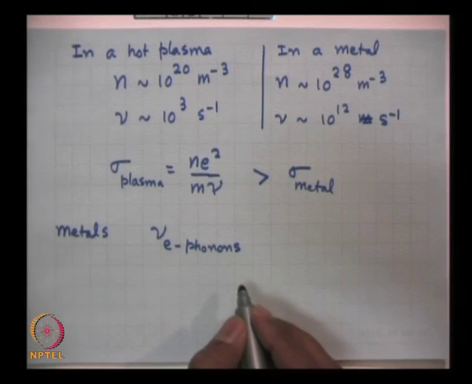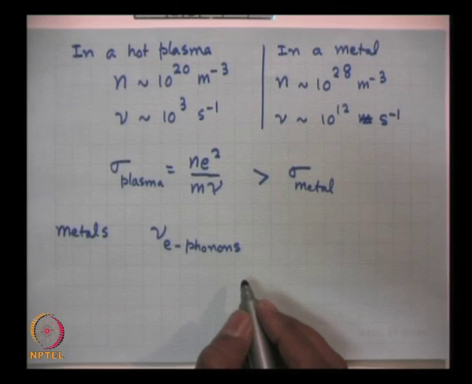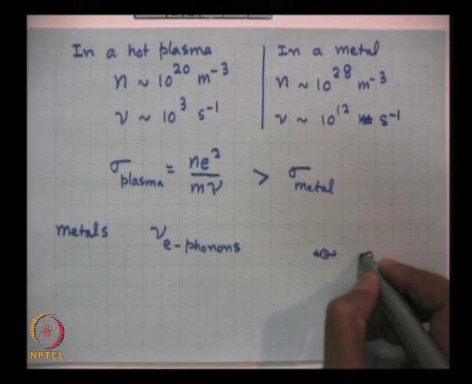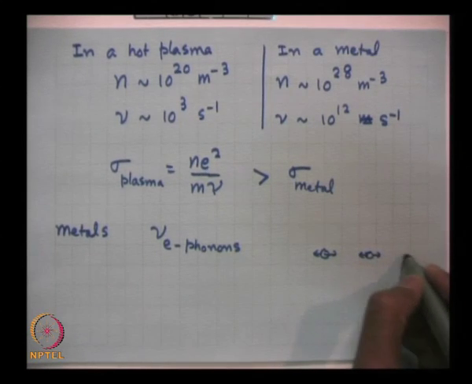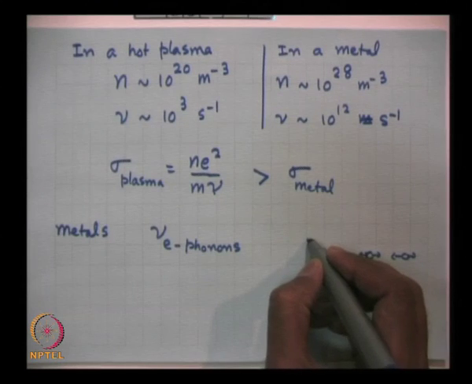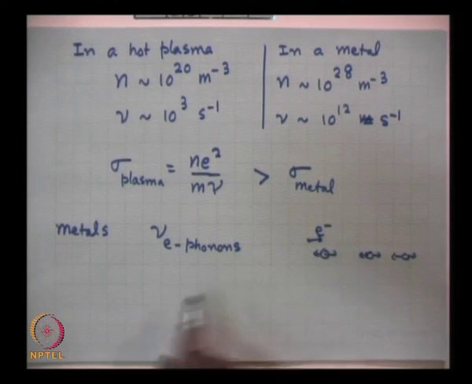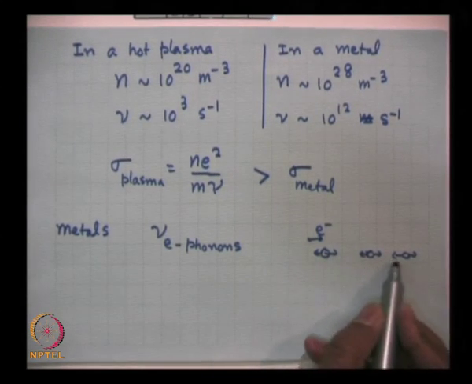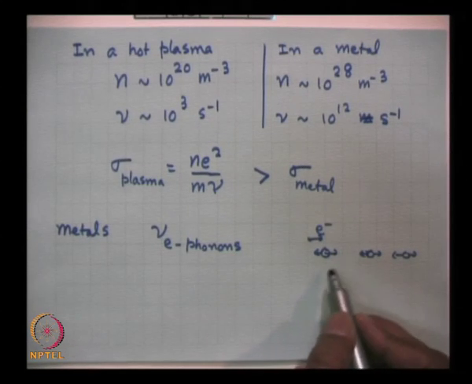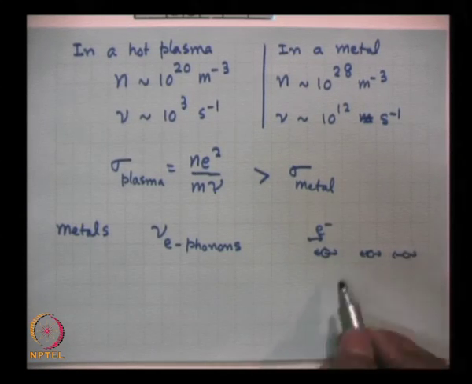What does this mean? A lattice, if you examine it at any finite temperature, oscillates. The lattice atoms are oscillating about their mean positions, and when a free electron moves in their vicinity, if this were a perfect lattice, stationary and not oscillating, then the electron will not suffer any collision.